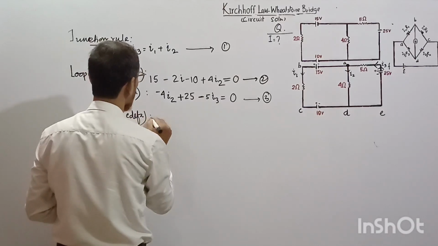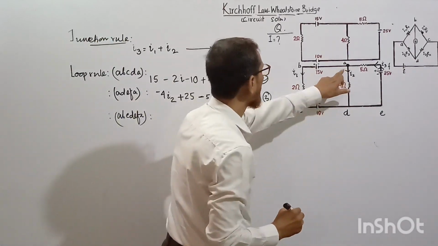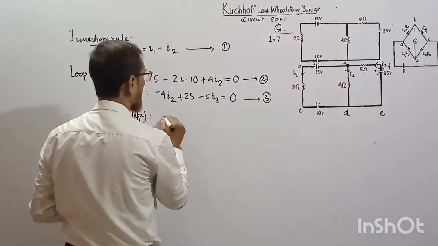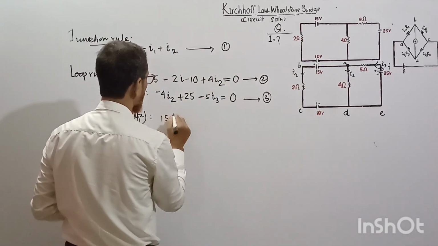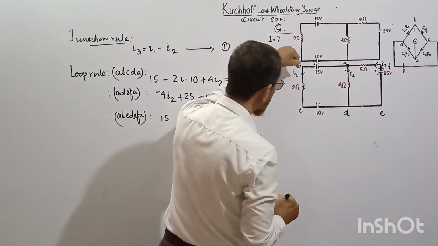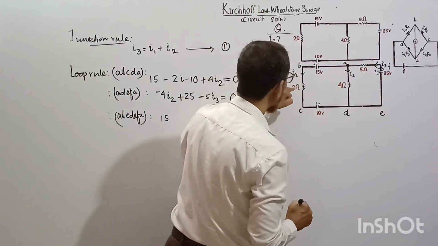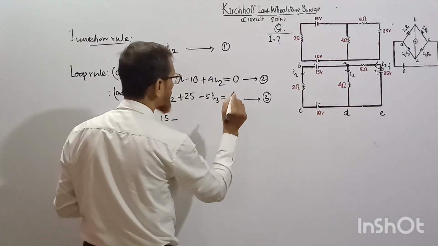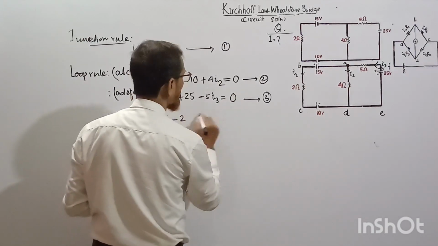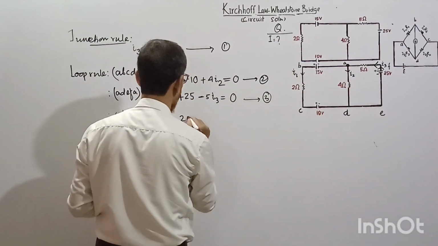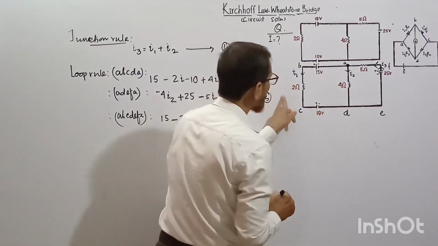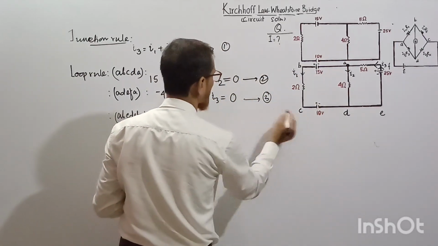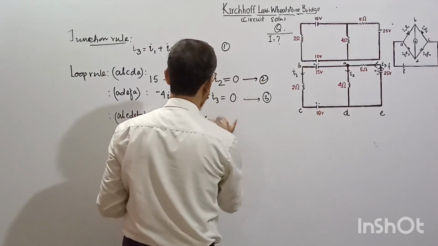If you assume this loop, it starts from A, minus to plus, the voltage is plus 15, am I right? Here I is passing across the resistance twice, so it is a voltage drop, meaning minus 2 times I1. Entering this terminal, plus to minus, the answer is minus 10.